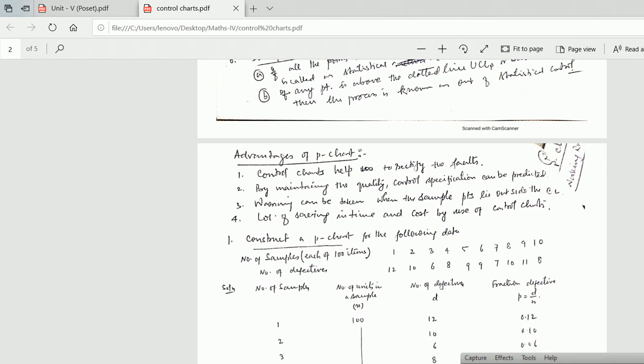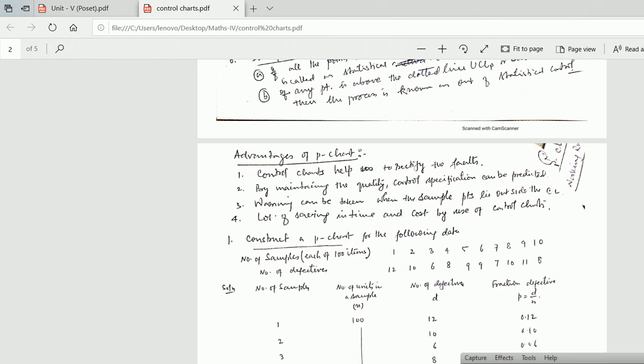So what are the advantages of P chart? First, control charts help to rectify the faults. Second, by maintaining the quality, control specifications can be predicted.